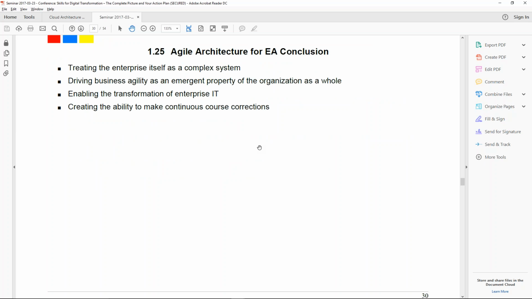Agile architecture: the enterprise is a complex system. The ability to make changes is a property of the organization and of the software systems. And our goal in enterprise architecture needs to be having the ability to change, having the ability to make course corrections.